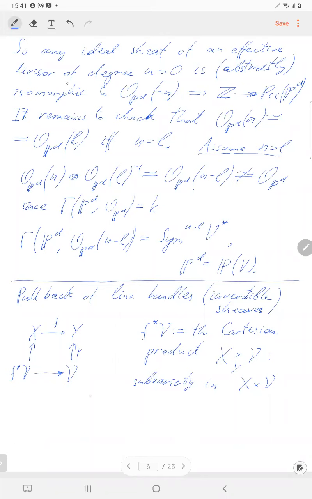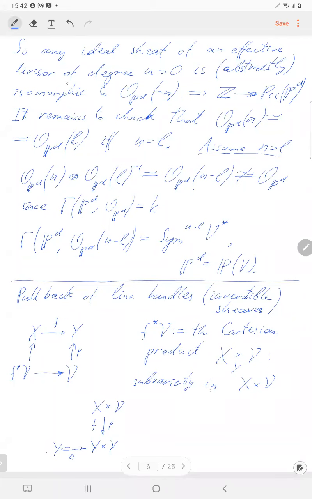So we have a map from X times V into Y times Y. Namely, it's P along the second factor and F along the first factor. And we have this diagonal embedding of Y into its square.